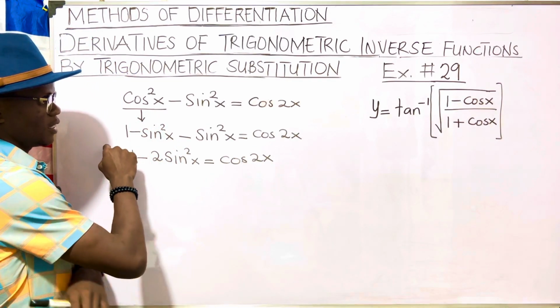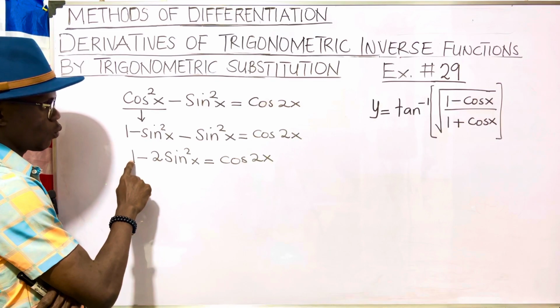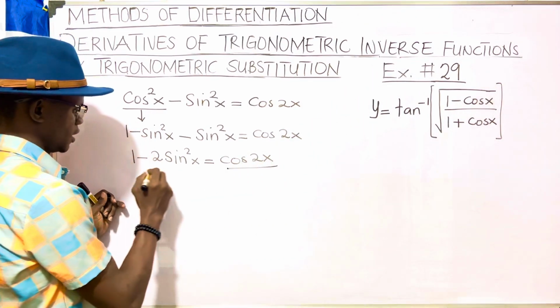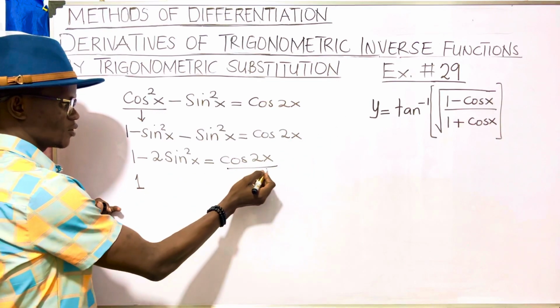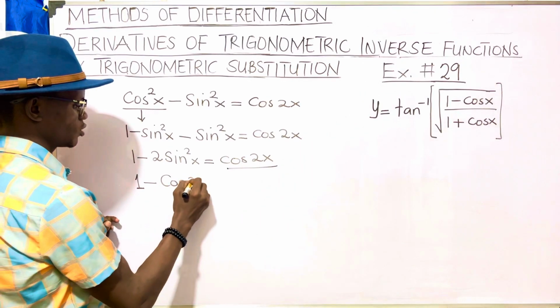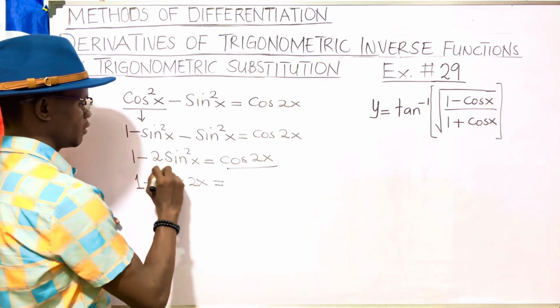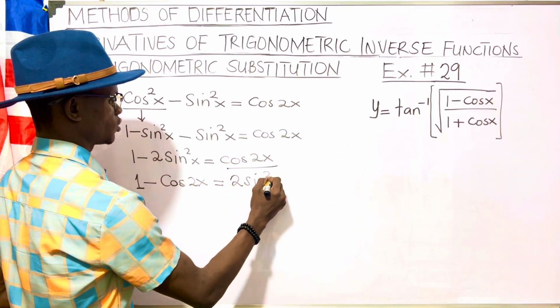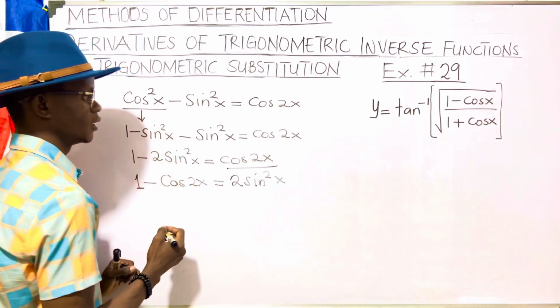If this cos of 2x comes to this side, we have minus cos of 2x, and then we send this 1 across, it becomes 2 sine square x.